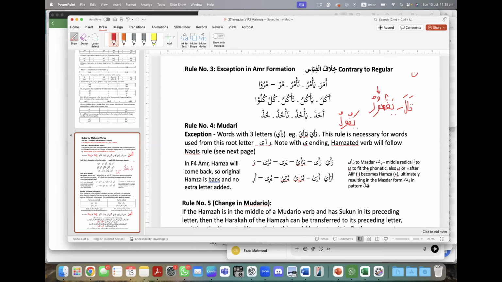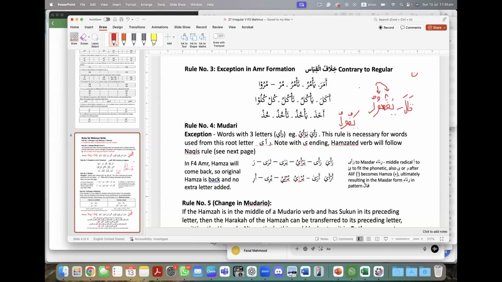It is weak, it can't carry that, and the only letter which can carry is this one. So we have to do some ta'lil here, tabdil process. The rule says this haraka will come here, and this haraka, which is sukun, will come here.